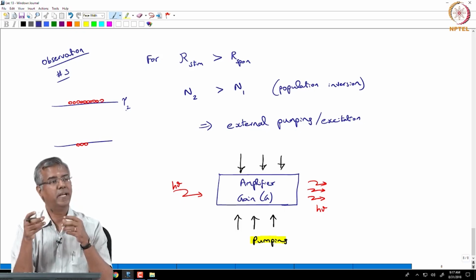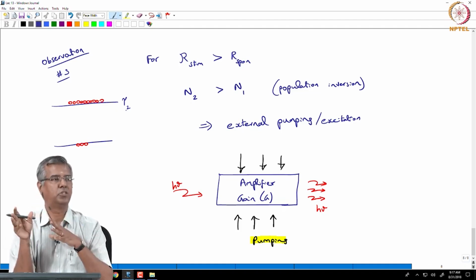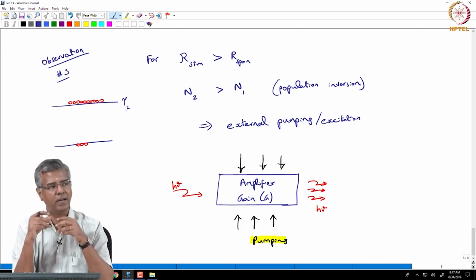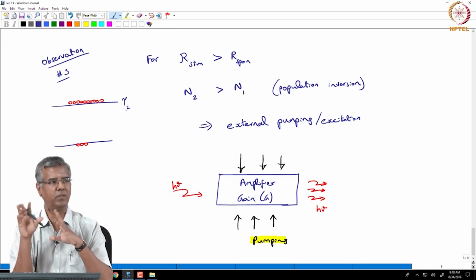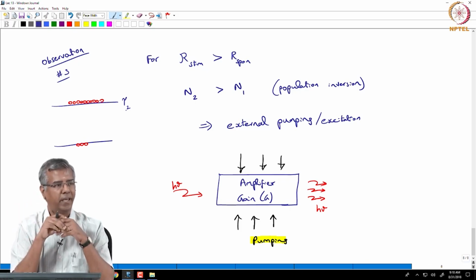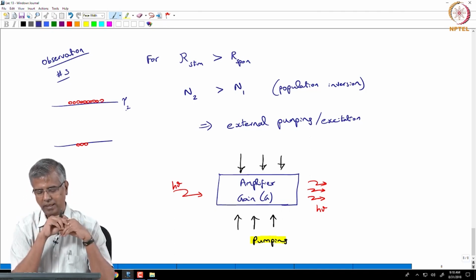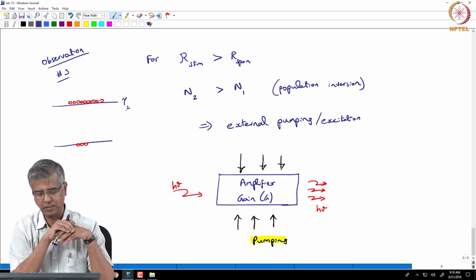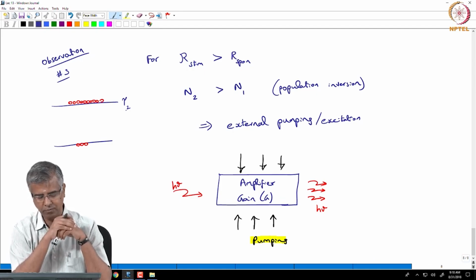So, these spontaneously emitted photons as far as an amplification process is concerned would constitute noise, and this is probably a little early to talk about those concepts. We will come back and look at this in much more detail, but I just want to give you a feel for why it is important to have lesser spontaneous emission and more stimulated emission as far as an amplification process is concerned. Okay, but it requires external pumping to create that inversion.